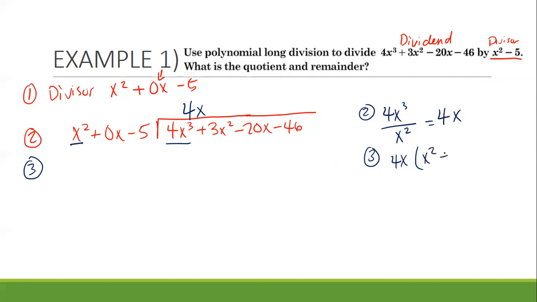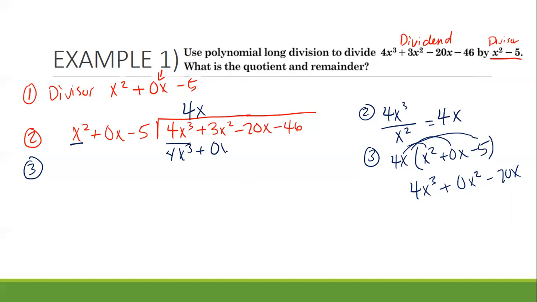So we have x squared plus 0x minus 5 times 4x. We're going to distribute that, and that gives us 4x cubed plus 0x squared minus 20x. So we have 4x cubed plus 0x squared minus 20x.